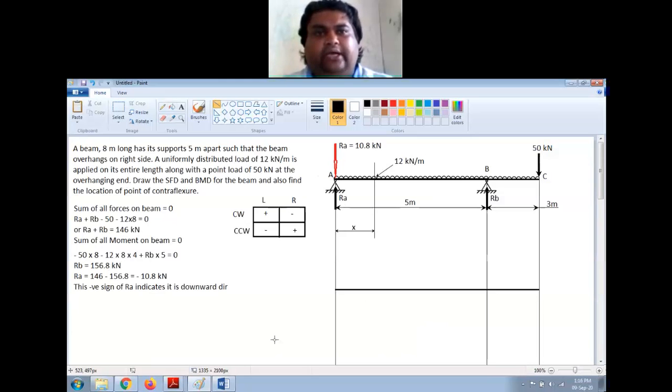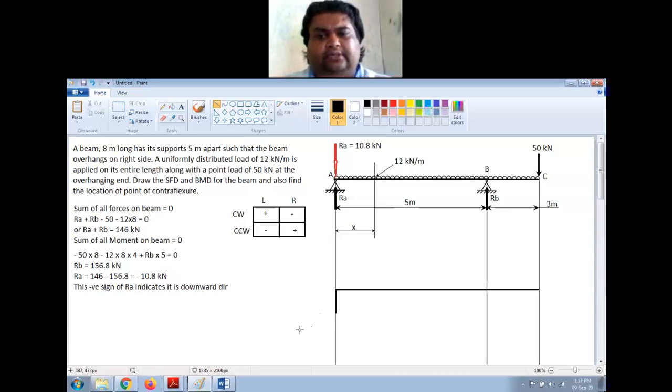So first I'll start with point A. Initially the shear force on the left side of point A is 0, right? And it increases from 0 to minus 10.8.